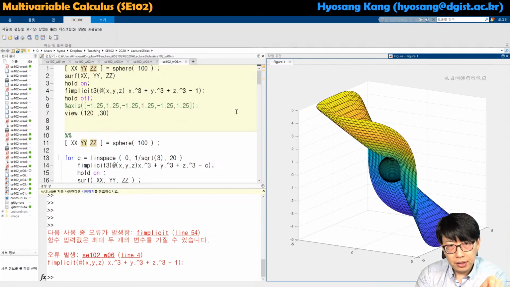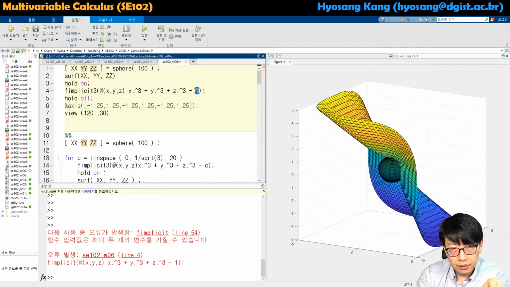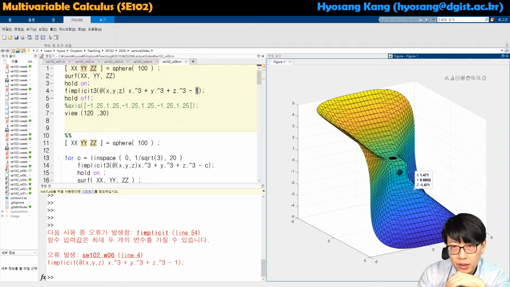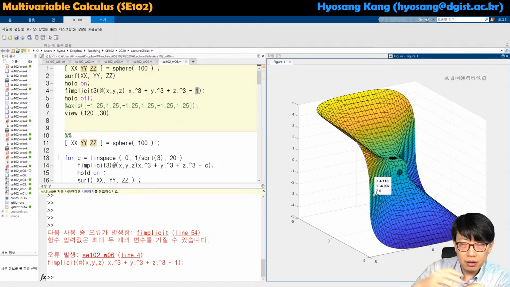But if I decrease the level to 1, then it has 3 points, which become the common point. These 3 points will have the largest value of the function f, because no other points can have a bigger value of function f, because there's no touching.